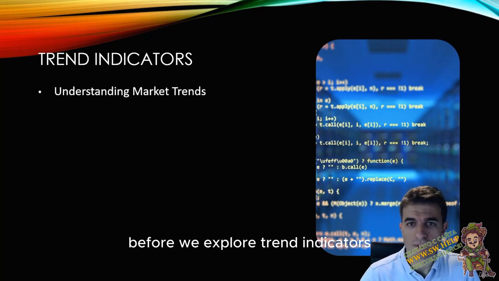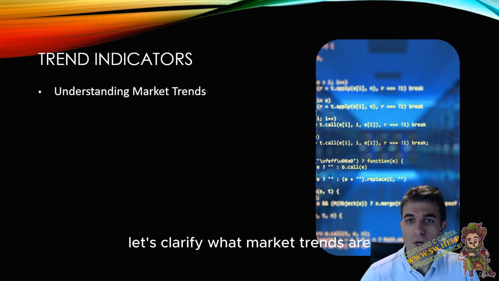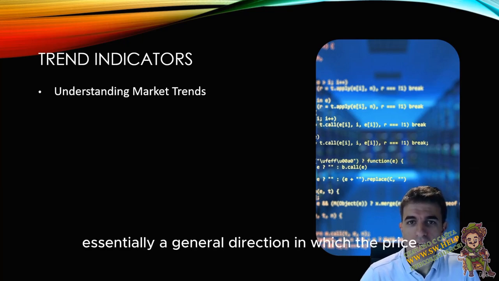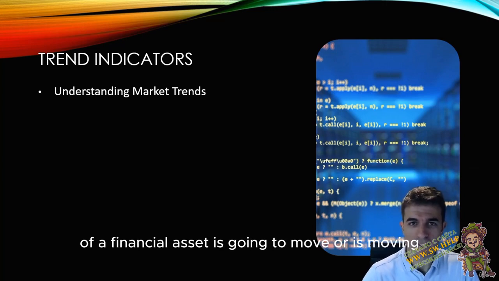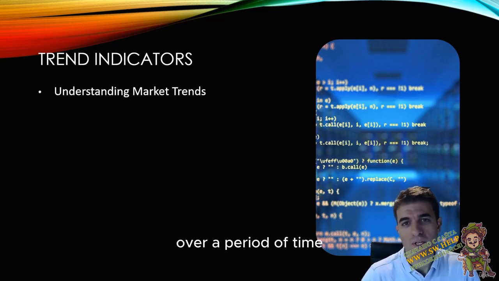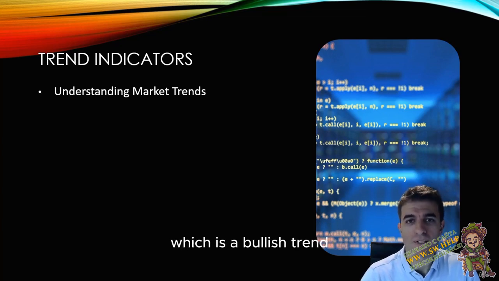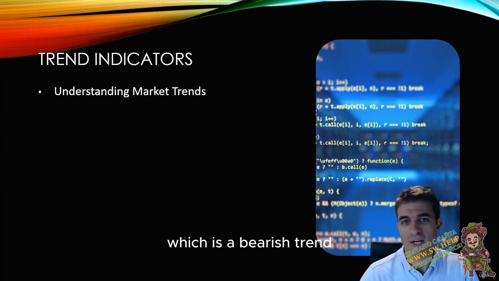Before we explore trend indicators, let's clarify what market trends are and why they are crucial to traders. A market trend is essentially a general direction in which the price of a financial asset is moving or is going to move over a period of time. This direction can be either upward, which is a bullish trend, or downward, which is a bearish trend.